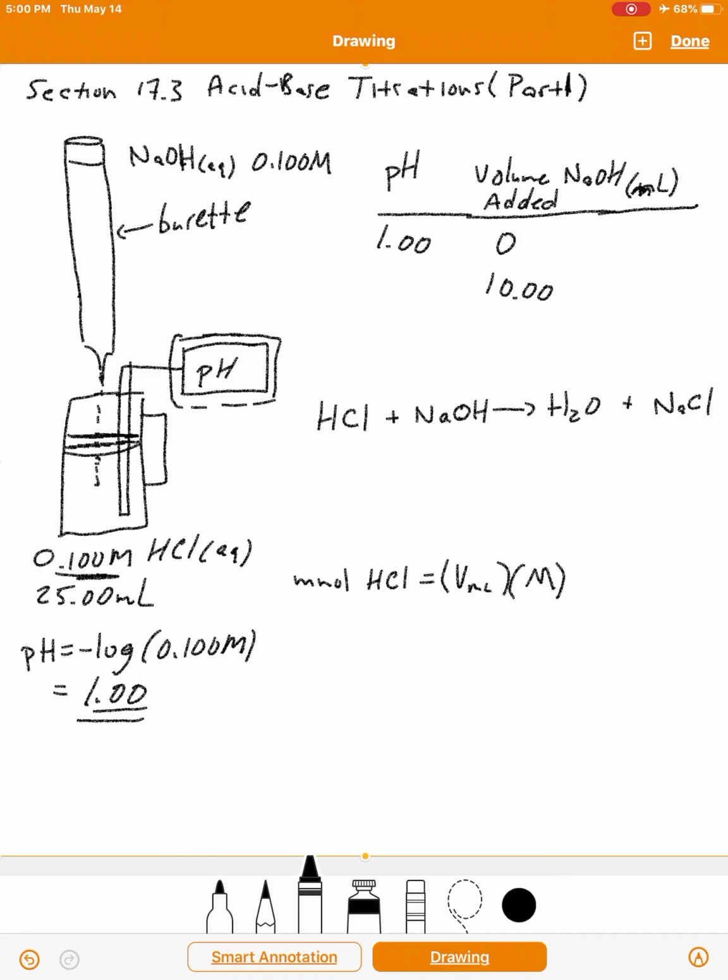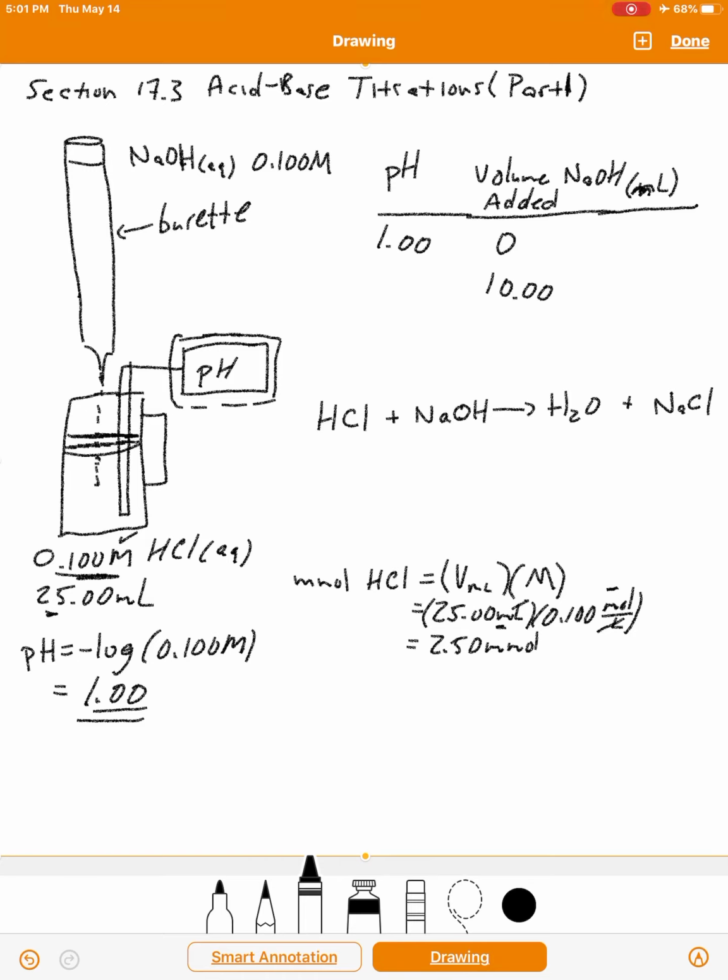Okay, so the volume of HCl is 25.00. That's down here, right? And the molarity is 0.100 molar. So what does that give you? That gives you 2.5 millimoles. Okay, right? The liters cancel, and you have millimoles. So we just call those millimoles.